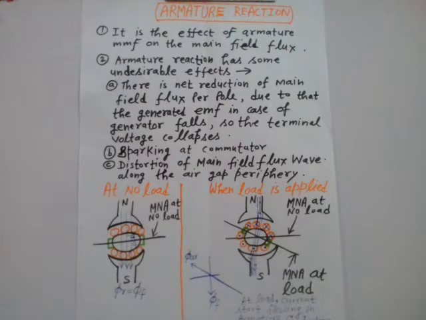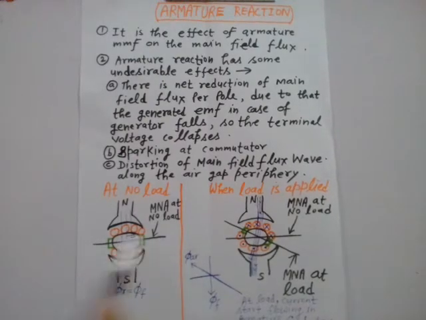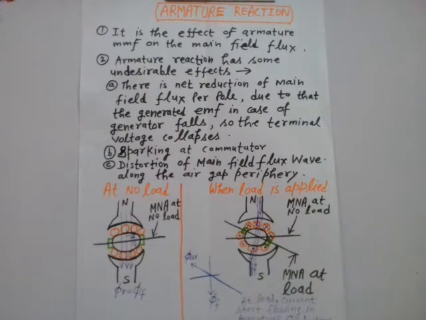The position of this brush is like this on the MNA. I have explained that brushes are always placed on the MNA, the magnetically neutral axis. So the brush axis is the MNA, and this green color that you are seeing is the position of the brush.